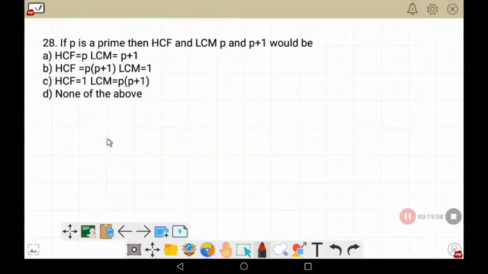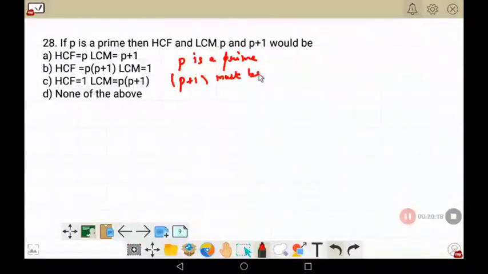Next question, if p is a prime number, then tell me, students, p plus 1 must be an even number. Tell me yes or no, must be an even number.